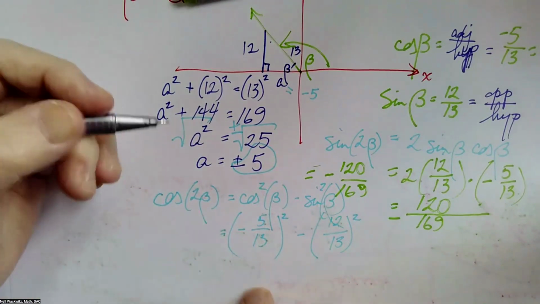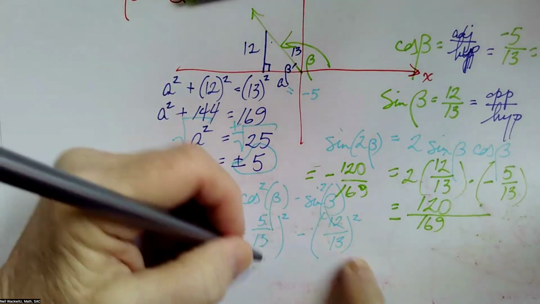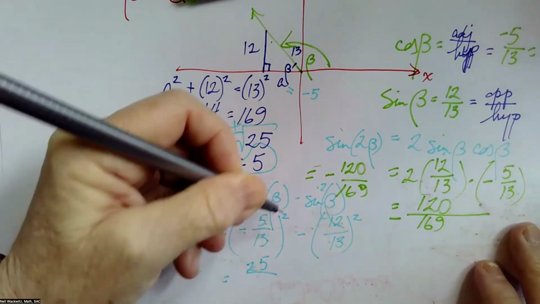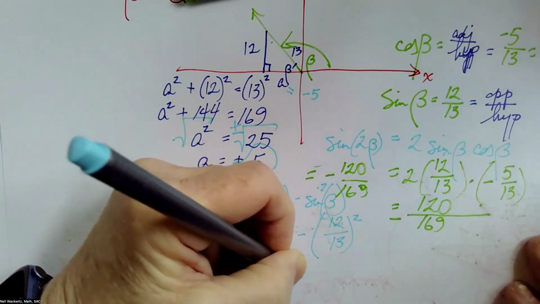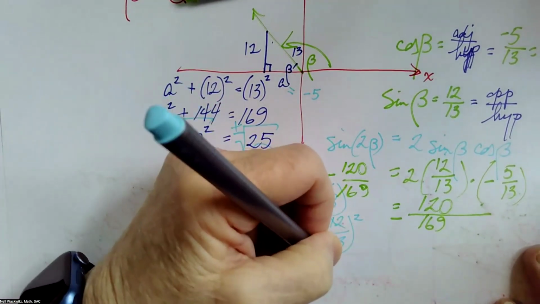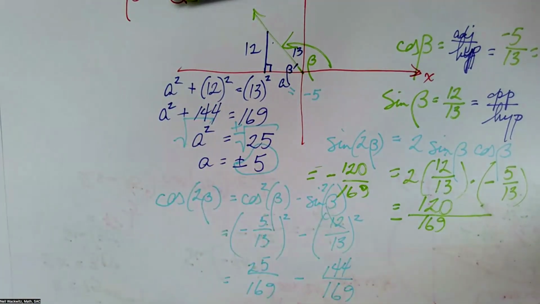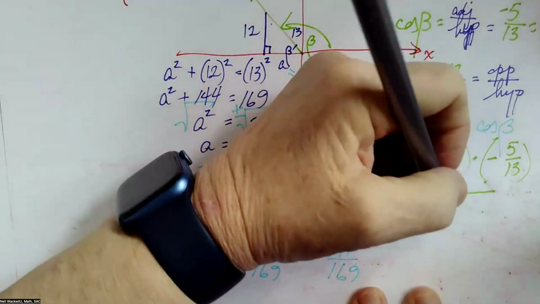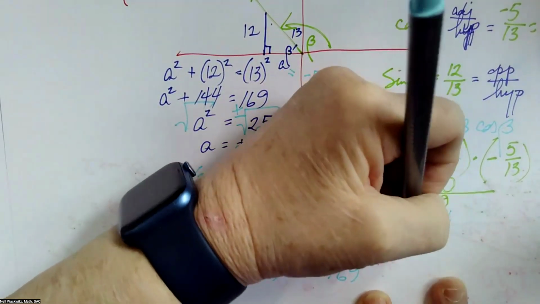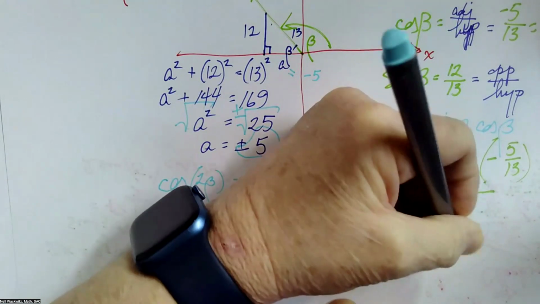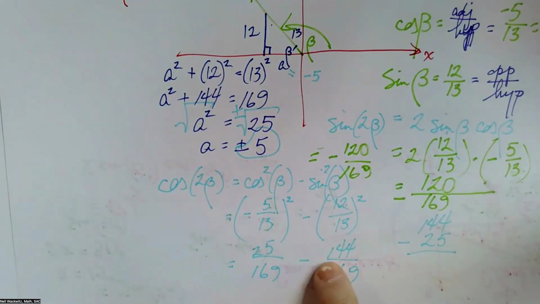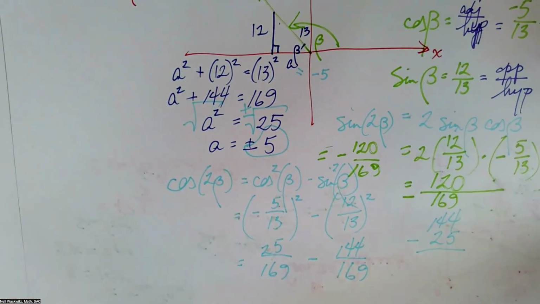Okay. So we've got 5 squared, which is 25. 13 squared is 169. 12 squared is 144 over 169. We already have a common denominator. And let's see, we've got 144 minus 25. Why did I do it in this order if the 144 is the negative one? Yeah, good.